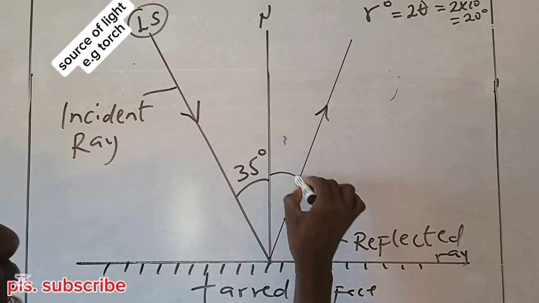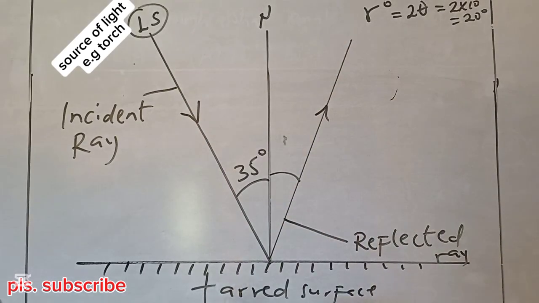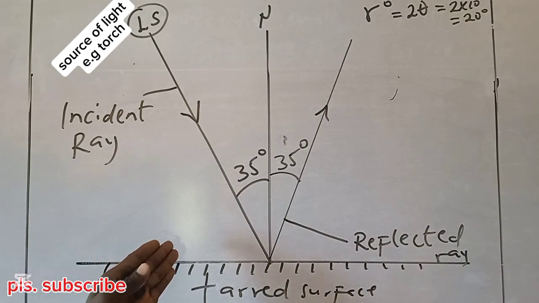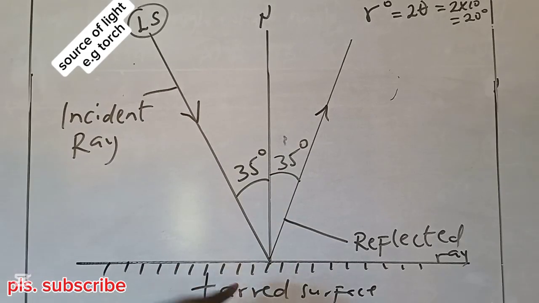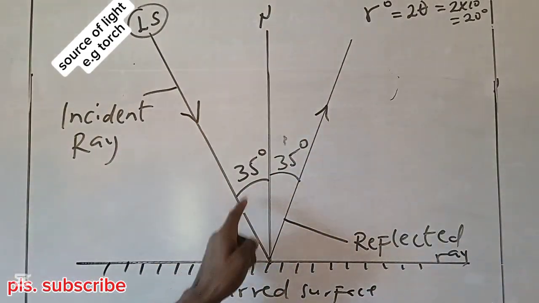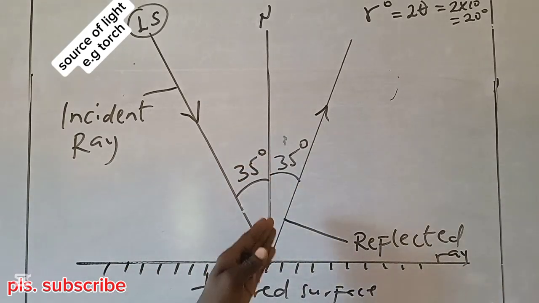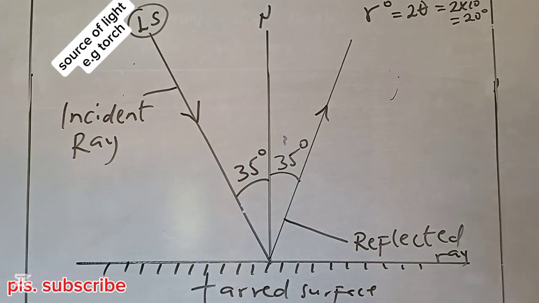The lines are the rays. Then coming to the angle, it also has 35 degrees. This will happen in the first experiment: incidence ray, normal, reflected ray, with the same angles between the incidence ray and normal and reflected ray.